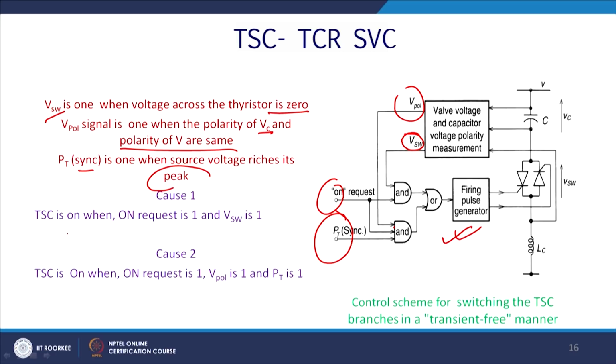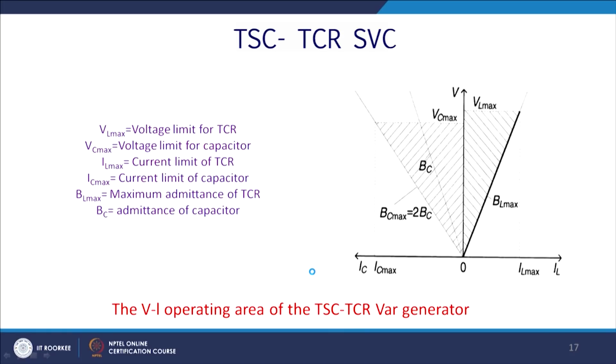So, TCSC is on when the request is 1 and SW is 1, meaning the voltage across this thyristor is 0, or when the request is 1, the pole potential is 1 and the PT is 1. In those circumstances it will also turn the thyristor on.